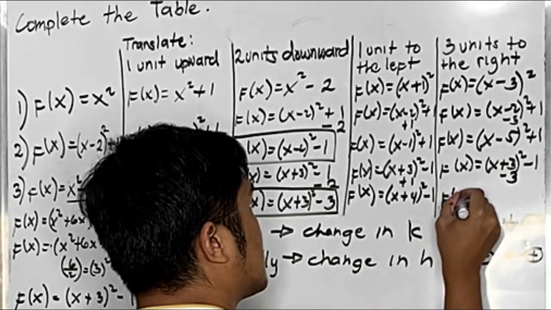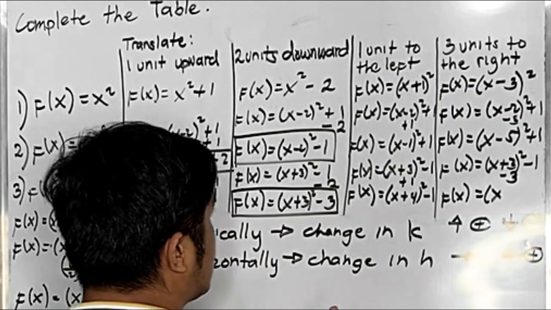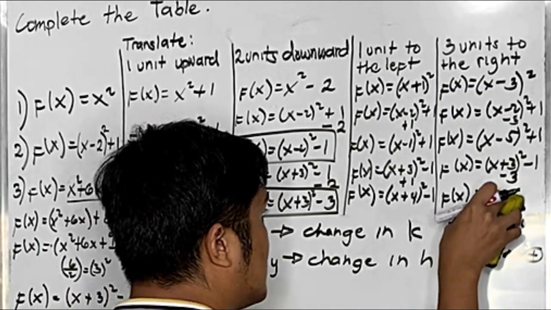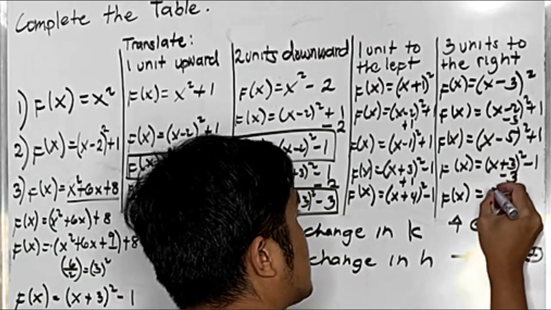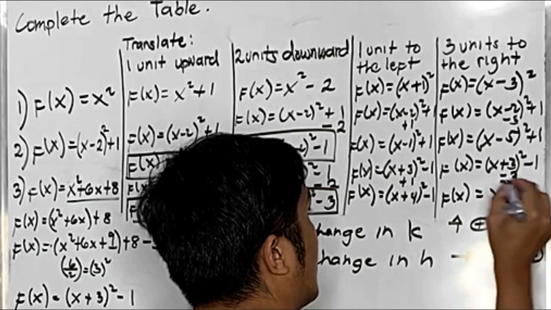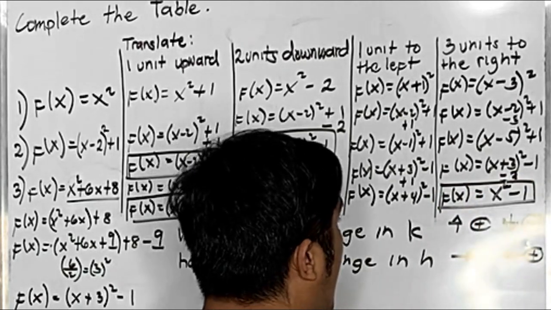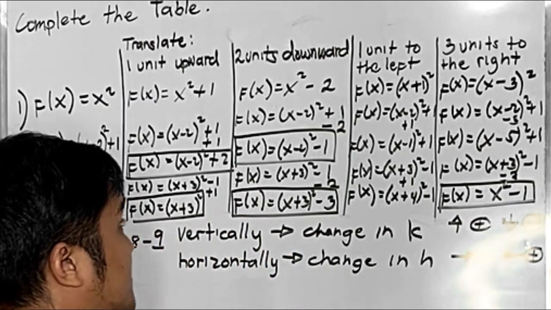So f of x is equal to the quantity (x plus 3 minus 3) squared minus 1. Positive 3 minus 3 is 0, so you will just have x squared minus 1. Therefore, your final function will be f of x is equal to x squared minus 1.